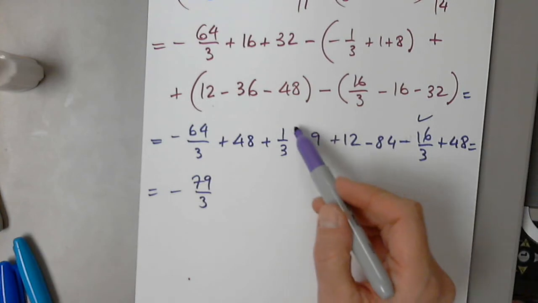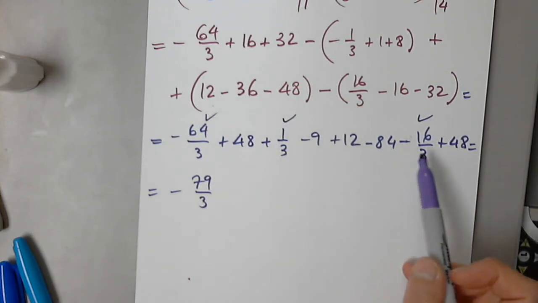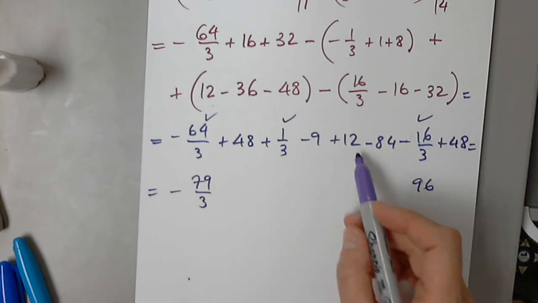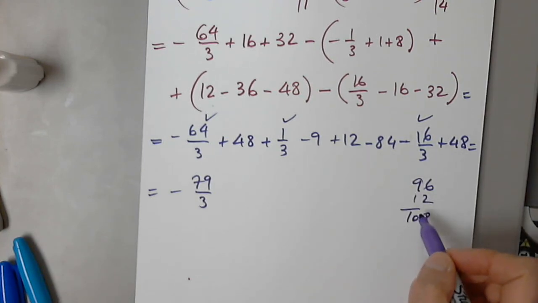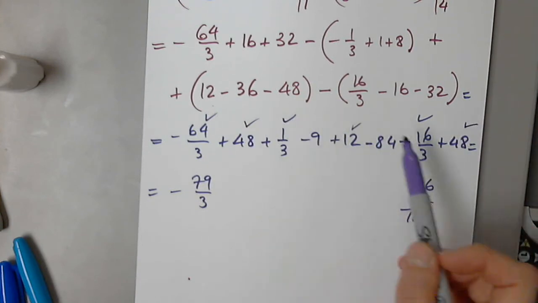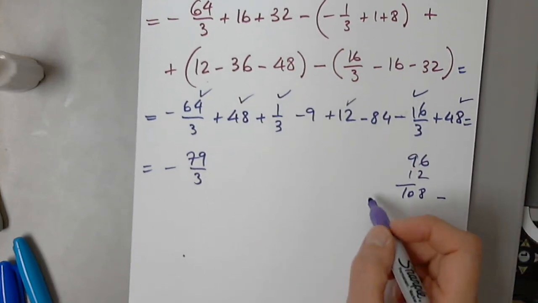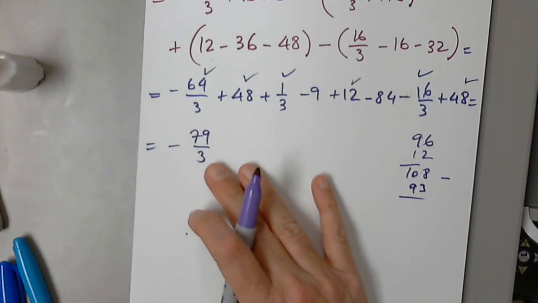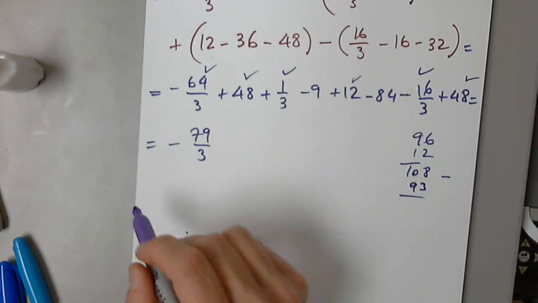Okay. So these are accounted for. Let's see what I have here. 48 and 48 is 96. And plus 12 is 108. So these are accounted for. And then I have to subtract 93. Am I correct? I got 15.